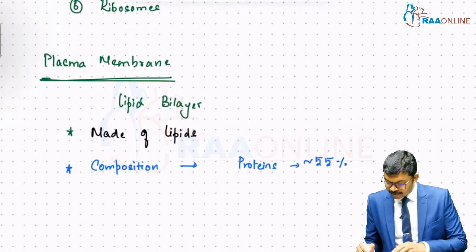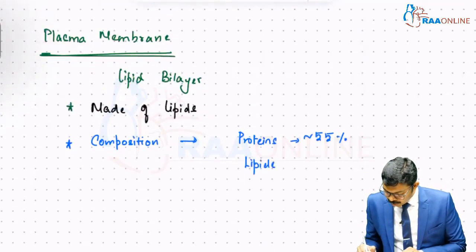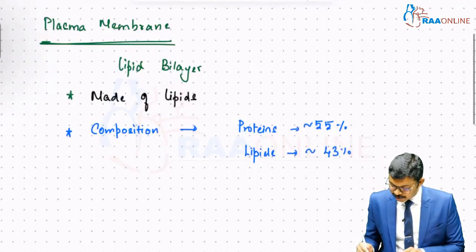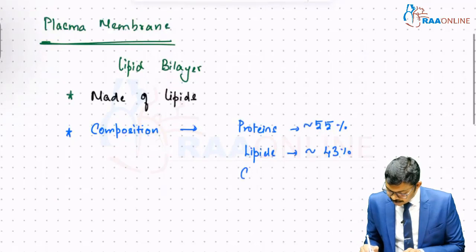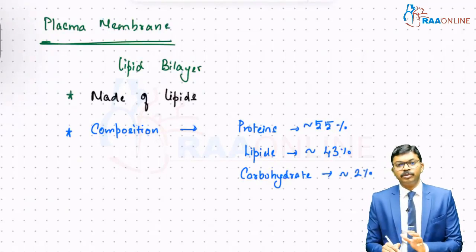It's proteins. And lipids come second in number. On an average, 43% of the membrane is contributed by lipids, and carbohydrates have extremely small numbers in a membrane. Carbohydrate contributes about 2% of the total cell membrane, guys.